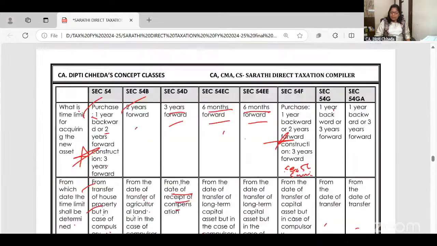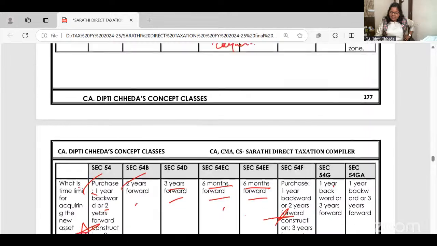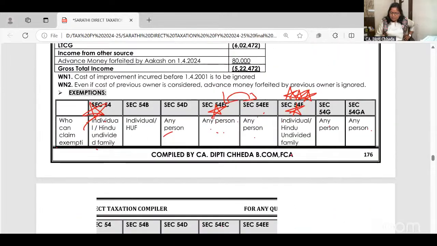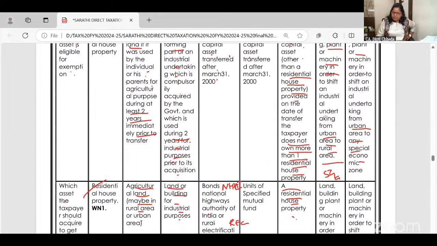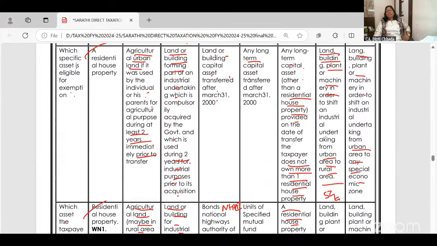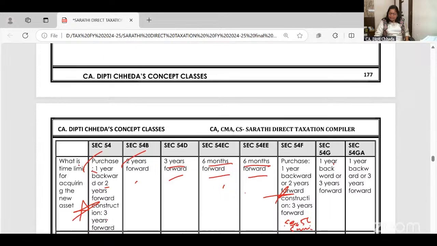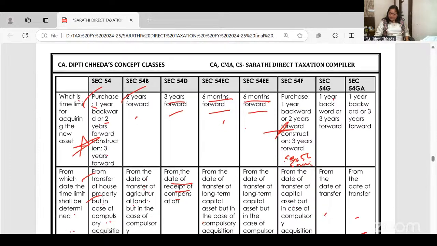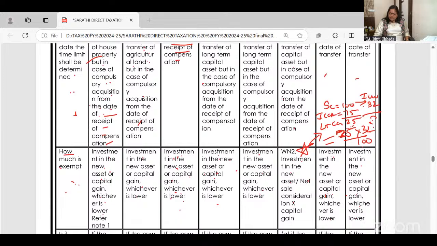So how to remember the gist of 54G and GA? I am repeating comparatively. Any person, short term or long term, land, building and plant and machinery. Here you are shifting from urban to rural, here urban to SEZ. Buy land and building 1 year backward, 3 years forward from the date of transfer. Investment in new asset or capital gain, whichever is lower.